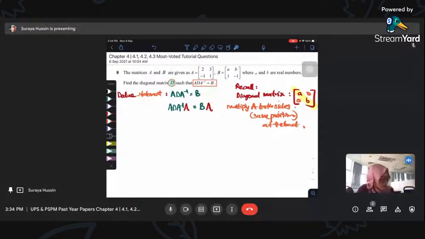Okay, sudah Miss. So now whenever you see A inverse together with A, oh, I can hear your voice clearly but the screen will be a little slow. So when we recall, A inverse meeting A is the identity matrix.